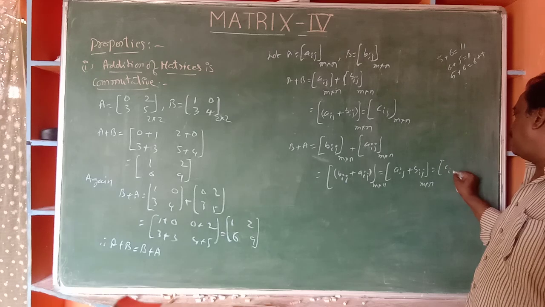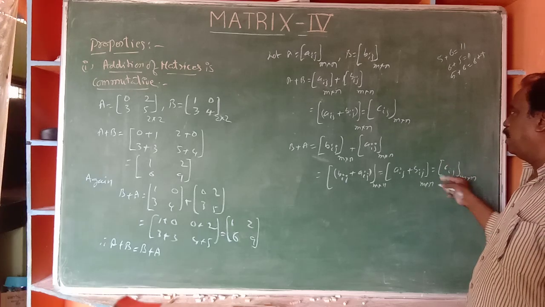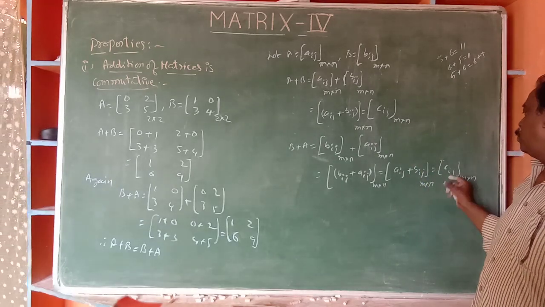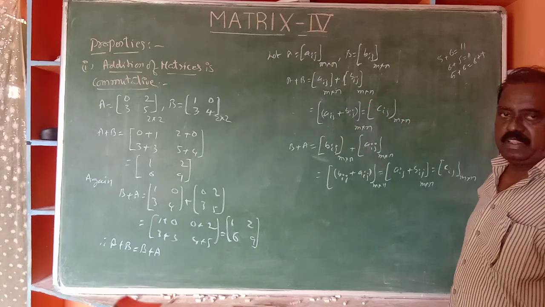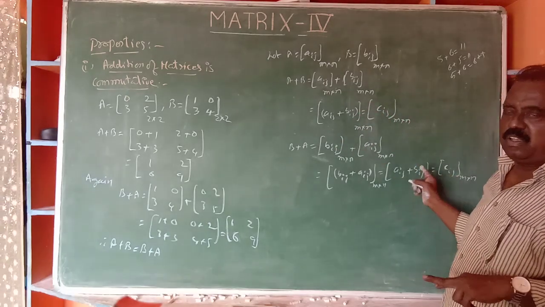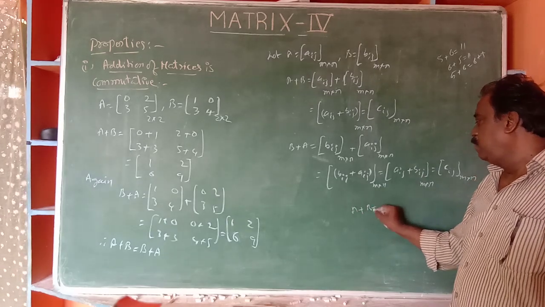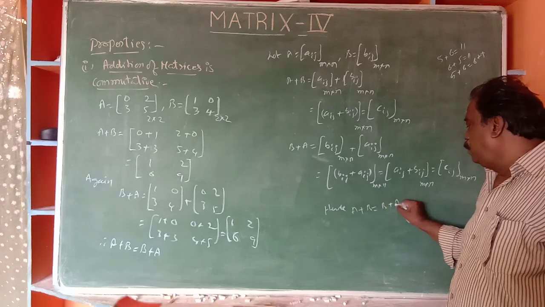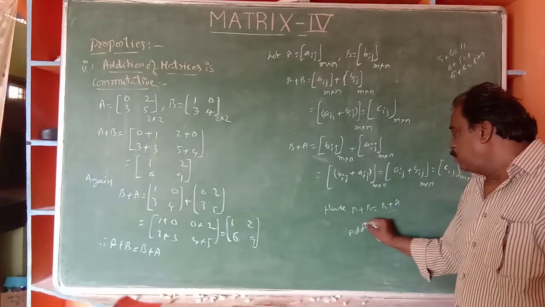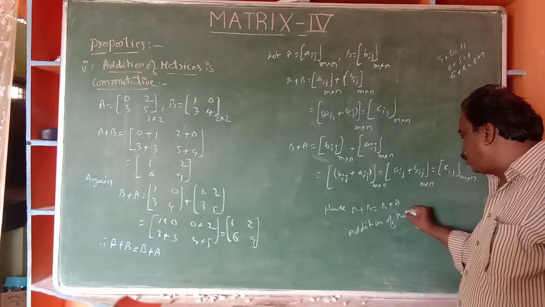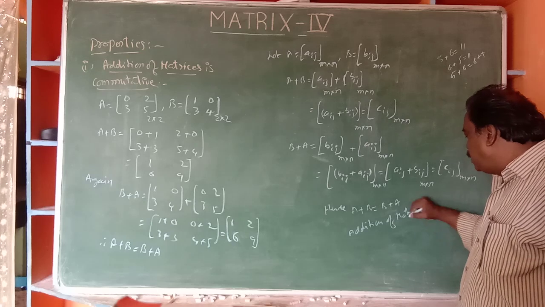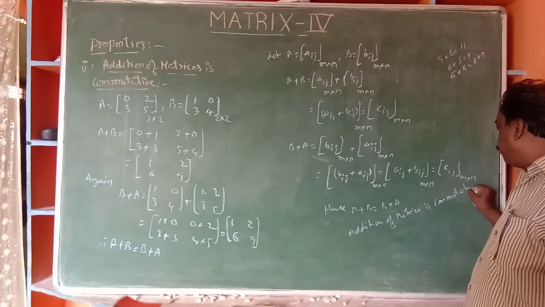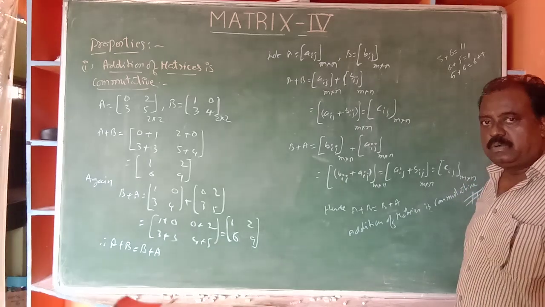So again it can be written as Cij, M by N. So in the two cases, A plus B gives the same matrix as B plus A. So hence A plus B is nothing but B plus A. So addition of matrices is commutative. It follows the commutative property.